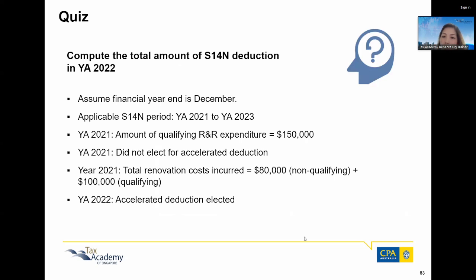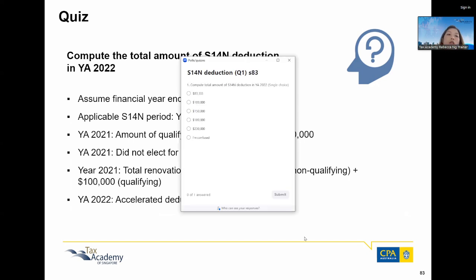So let's do a quiz to check your understanding. For this question, assume the company financial year end is December. Applicable period is YA 2021 to YA 2023. In year of assessment 2021, they have incurred a qualifying R&R expenditure of 150,000.